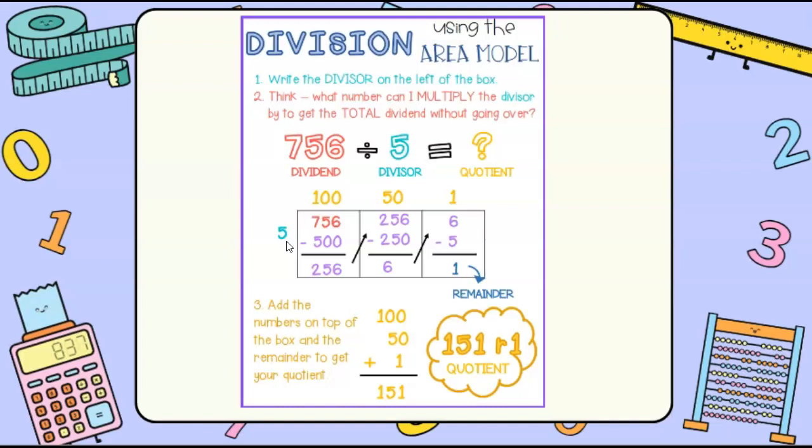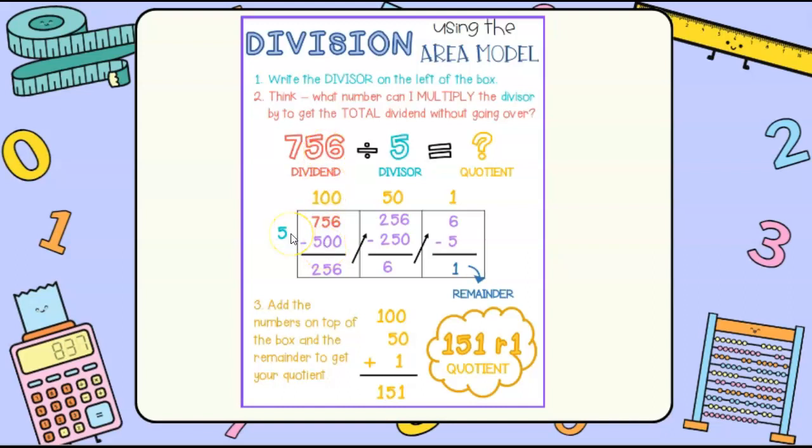Think, what number can I multiply the divisor by to get the total dividend without going over? So that means, what can I multiply this by to get close to the dividend? In this example, we know a friendly number: 5 times 100 is going to give me 500.